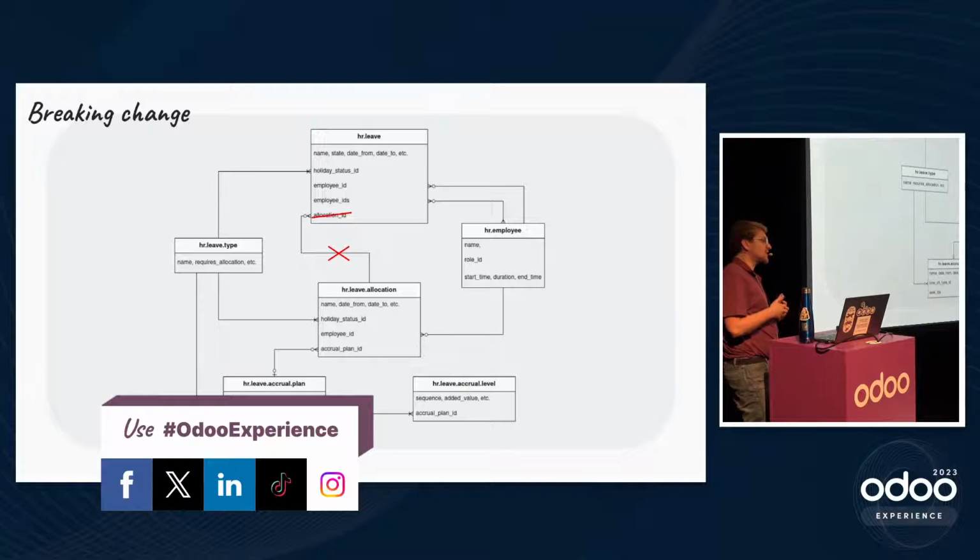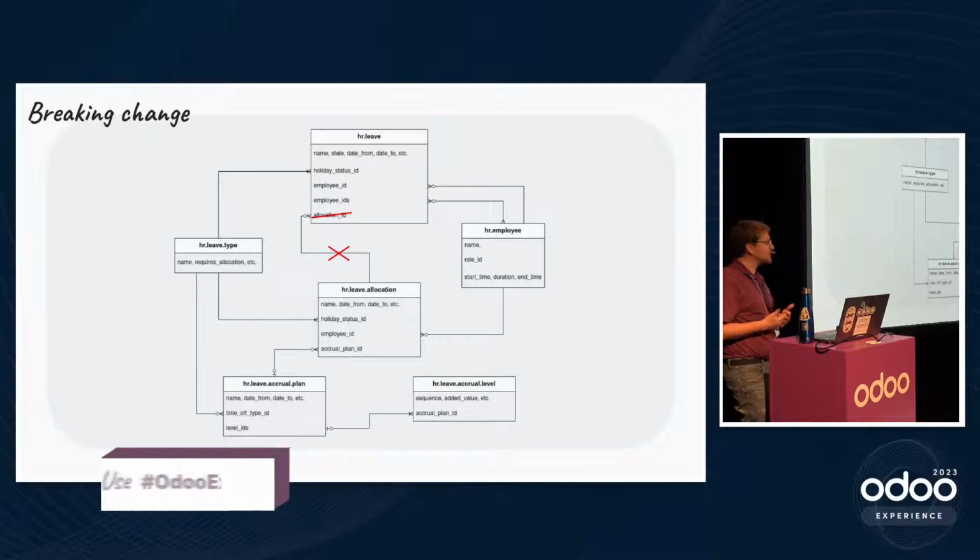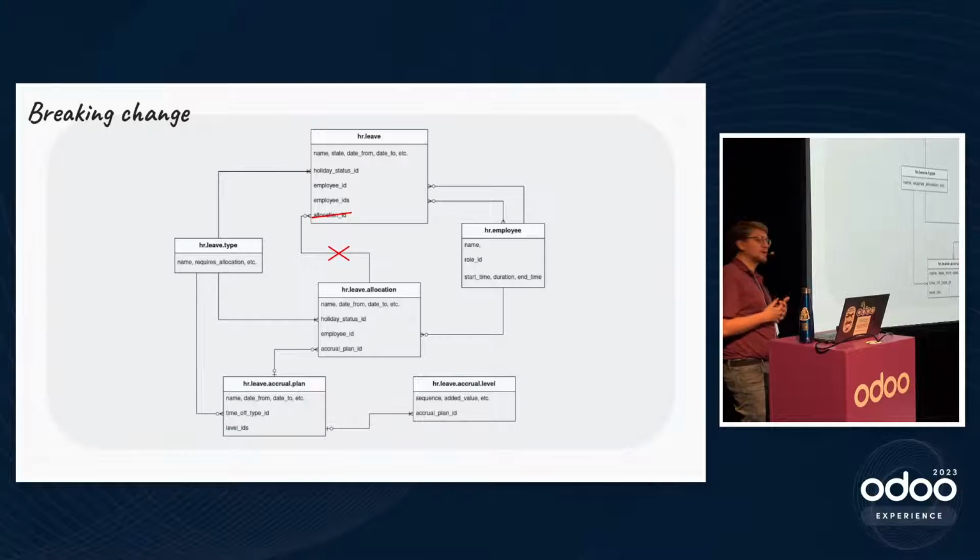It's because for usability, we want them to be able to take leaves if they can. So for example, I talked a bit before about taking a leave across 2023 and 2024. If you have an allocation for 1 year and an allocation for another, taking a leave across both cannot work if you have a direct link between both.